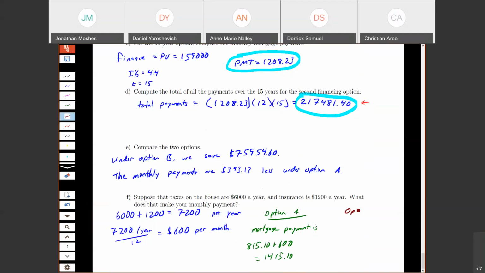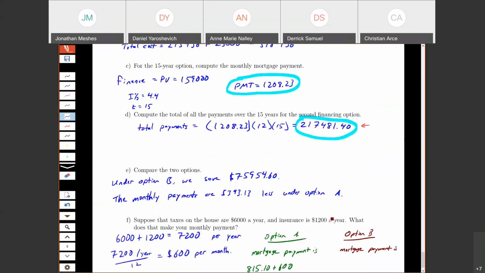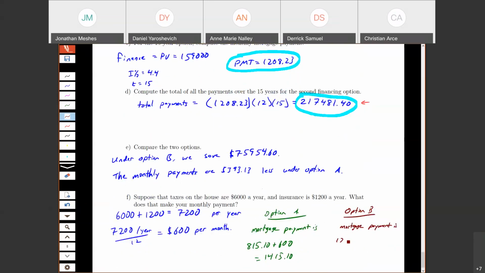Under option B, okay, we started with $1,208.23, and we have this extra $600. So my actual payment that I have to make to the bank each month is $1,808.23.